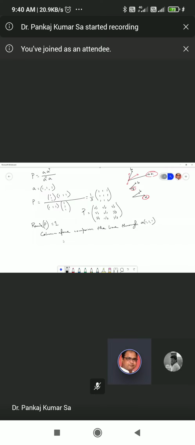Not only that, every column of this matrix P is a multiple of A. There is also a fact.